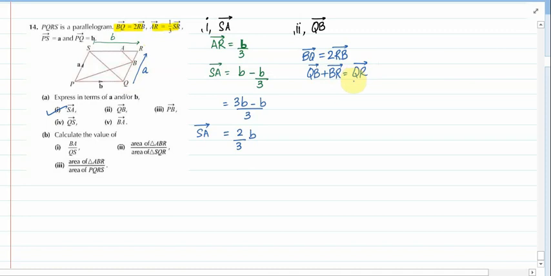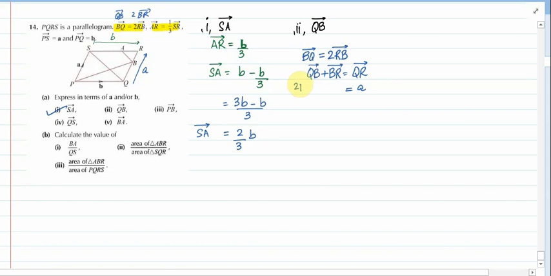We have the value of QR, it's A, and we have a relation of these two, QB and BR. QB and BR is 2 times, right? So it says that QB is 2 times of BR.